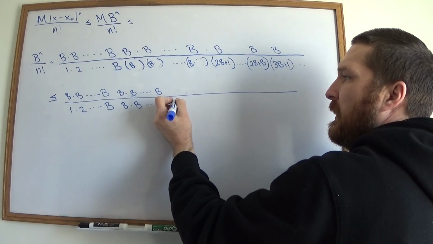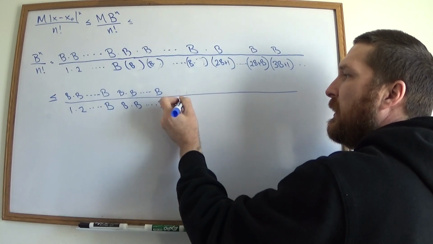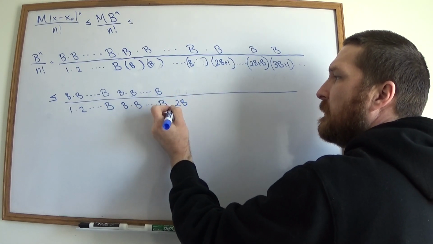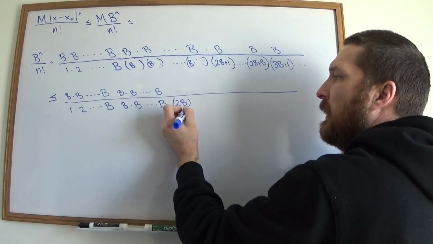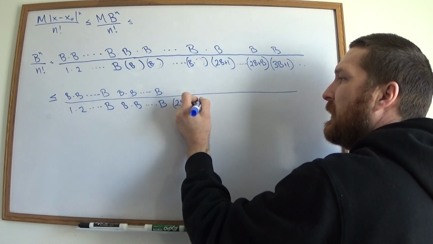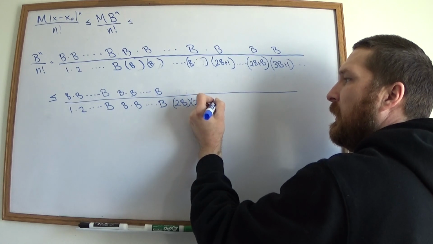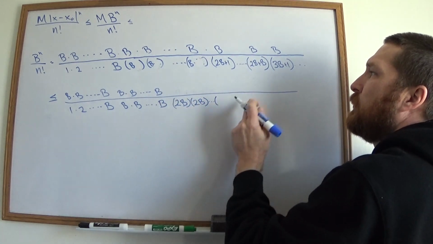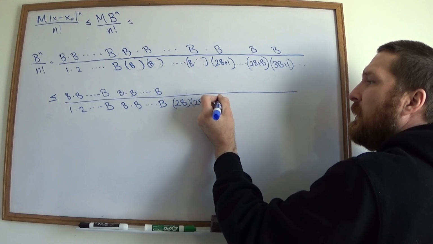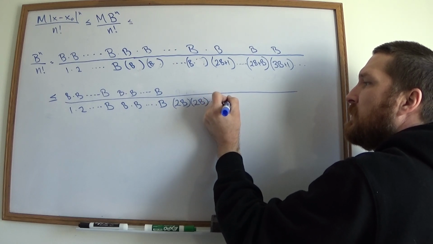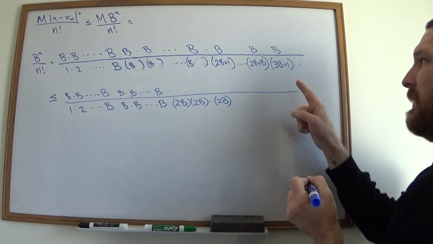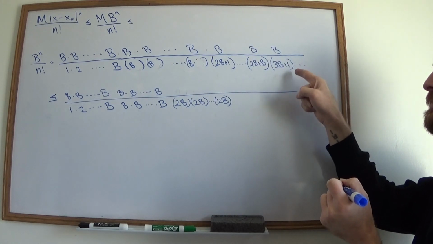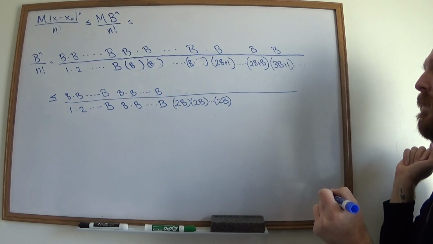Instead of 2b plus 1, it's just going to be 2b. And instead of 2b plus 2, I'm just going to make it 2b. And all the way up until I get to the last one, which is just 2b.